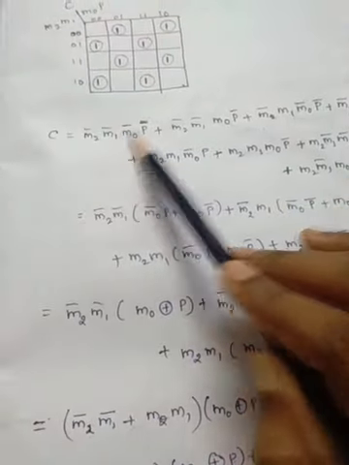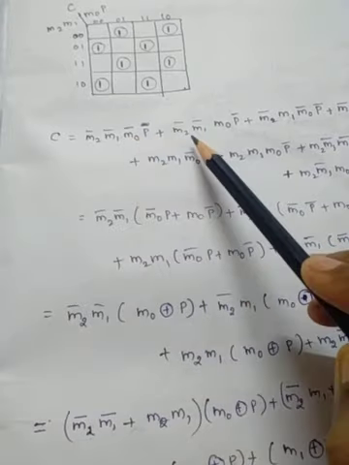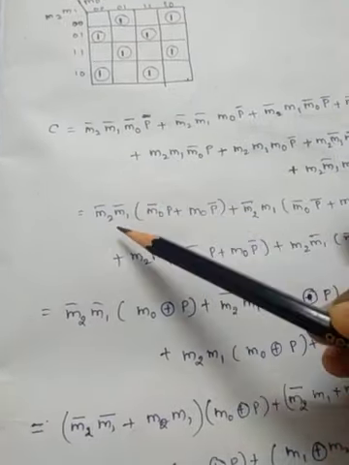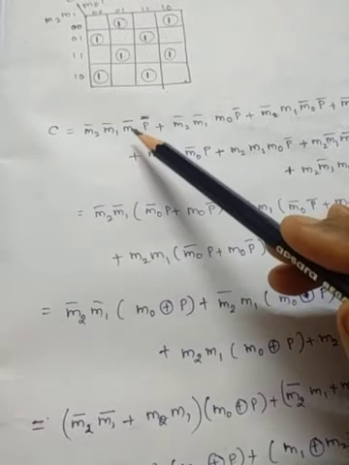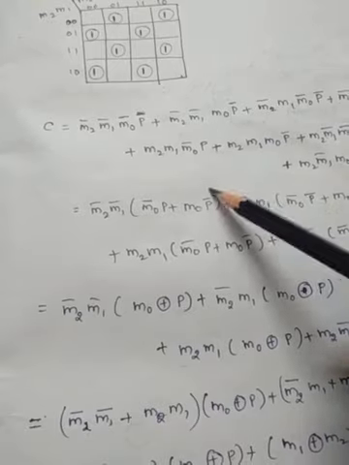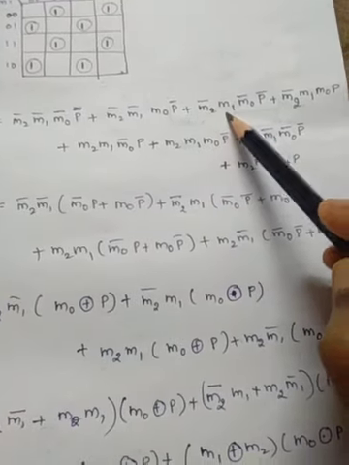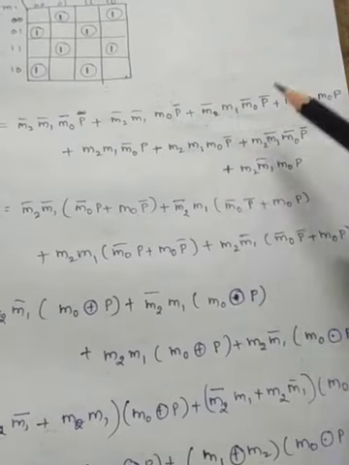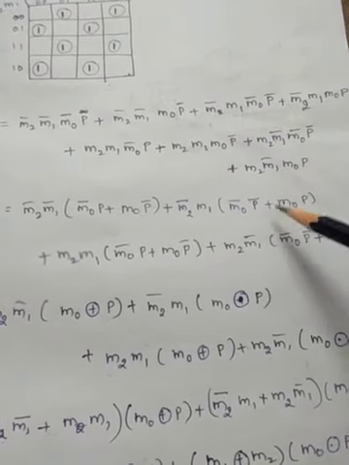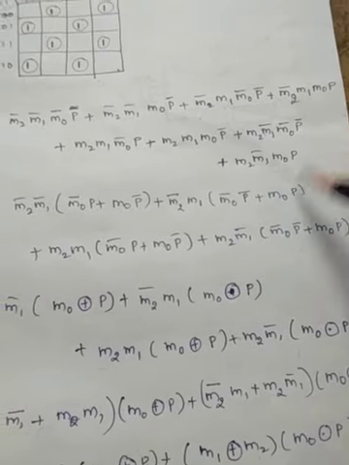Here in these two terms, m2 bar m1 is common. By separating m2 bar m1, we get m0 bar p plus m0 p bar. Plus, by separating m2 bar m1, we get m0 bar p bar plus m0 p.